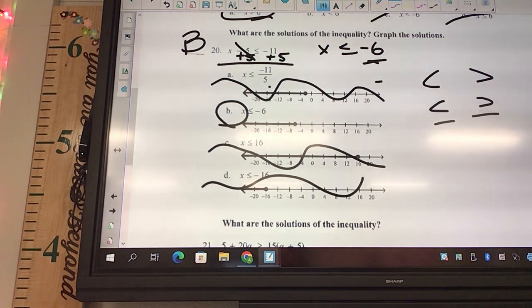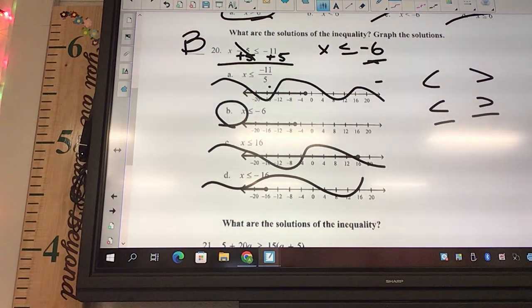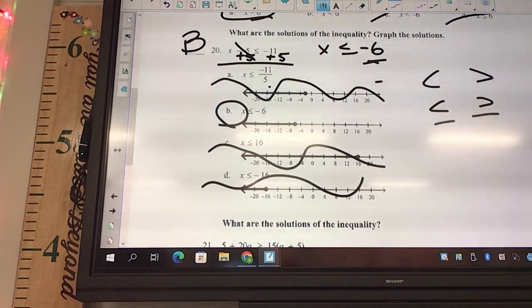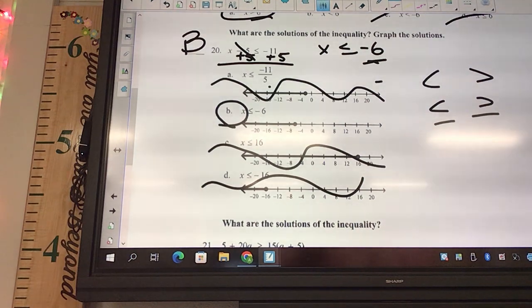It's solution. Okay, solution, that means like x equals 4. That makes a value true. A mathematical sentence that uses an equal sign. An equation. A symbol, usually a letter that represents one or more numbers. A variable. Good.